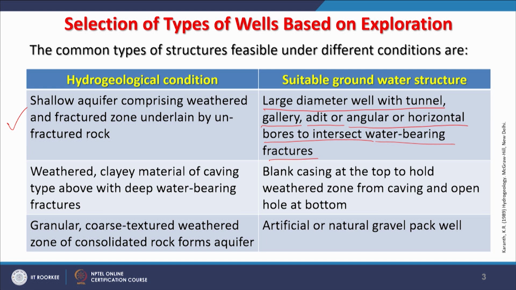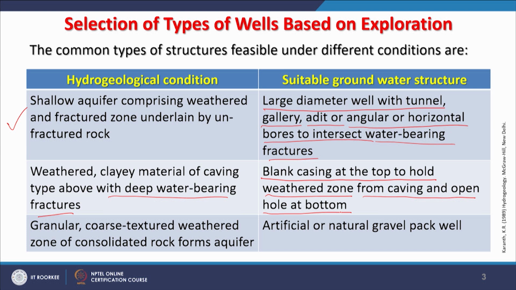Similarly, if we have weathered clayey material of caving type, meaning it makes cavities inside, and then below it deep water bearing fractures are present, the suitable groundwater structure can have a blank casing from the top to hold the weathered zone, so that the well does not collapse from caving, and an open hole at the bottom.